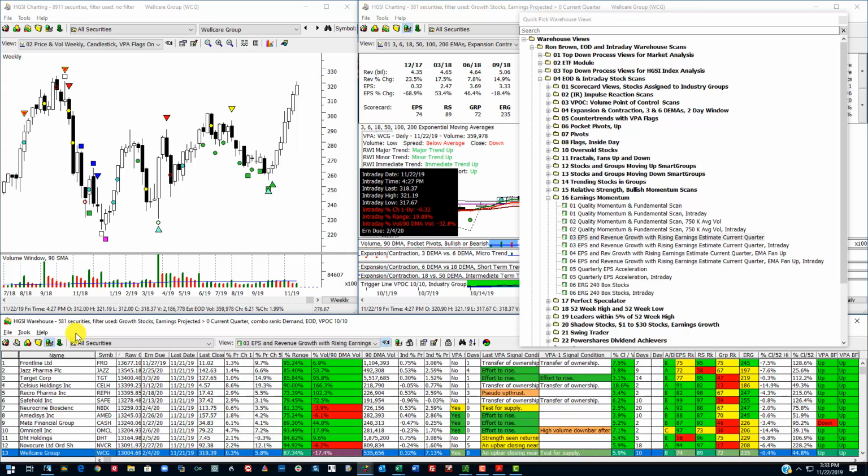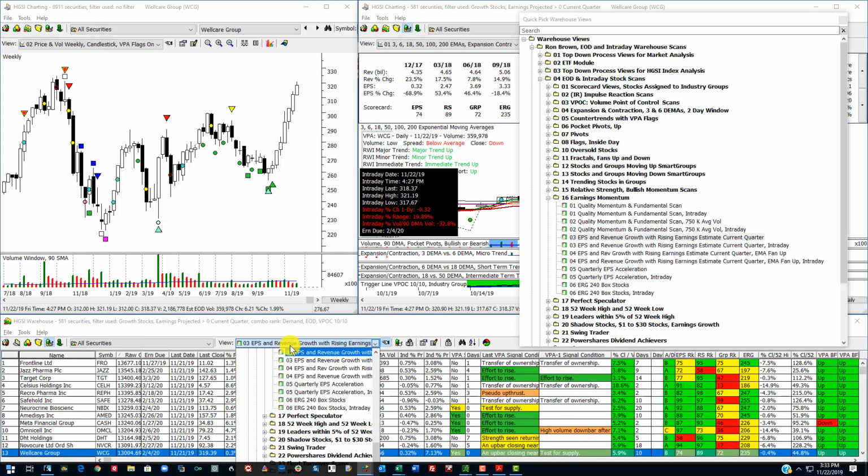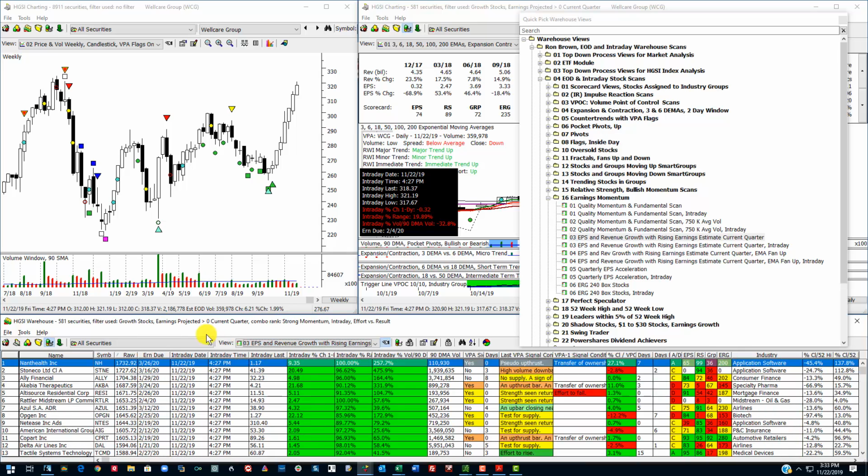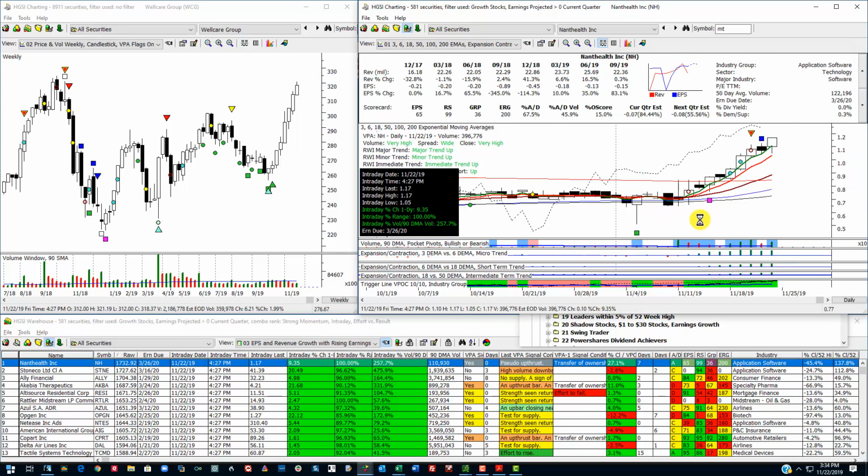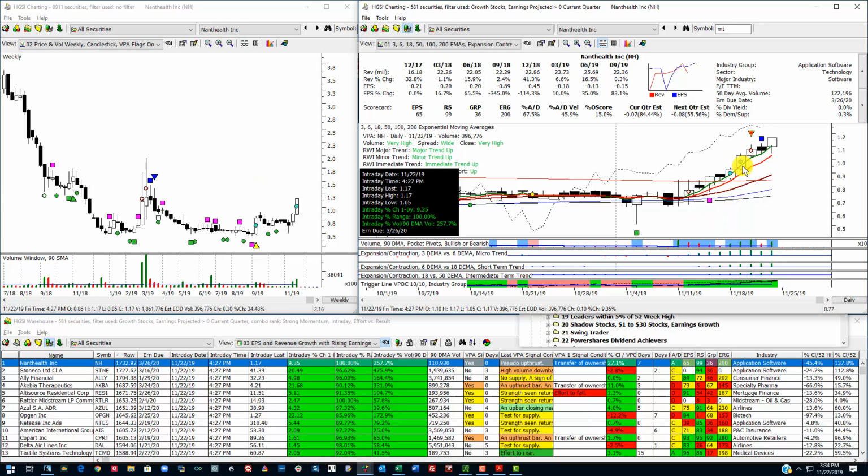This pulls up 581 stocks, which is a lot. Let's go to the intraday, and you can see that the stocks with the strongest momentum, highest range, and highest volume go to the top of the list. Now, this stock only trades 110,000 shares. So if you want in, you're going to have to pay up.